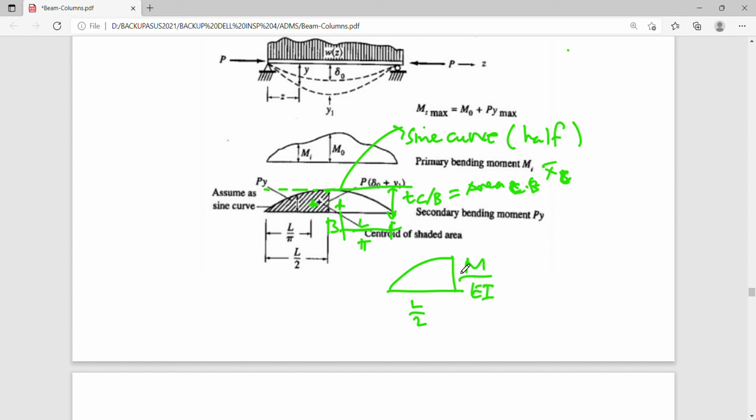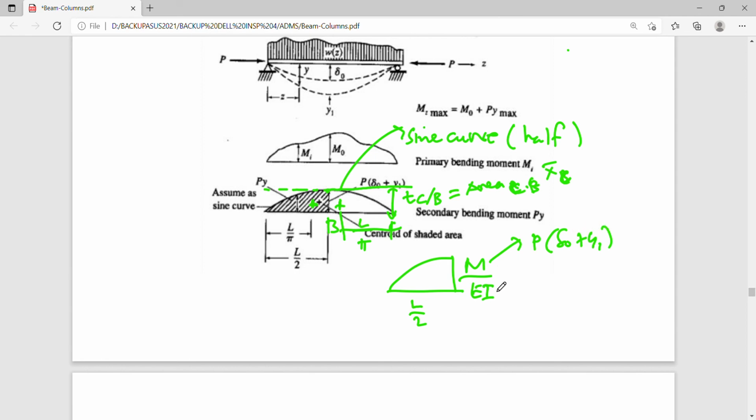The M over EI is actually equivalent to P times delta O plus Y1. So P times the total deflection, coming from the initial bending brought about by the transverse loading, plus the secondary deflection Y1.